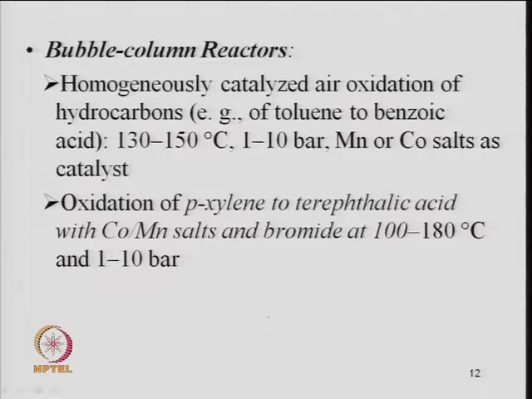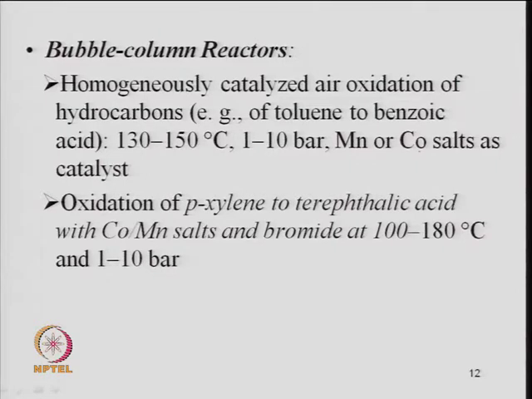Then we have bubble column reactors, right. So again, if you look at the example here, the homogeneously catalyzed air oxidation. This is a kind of example of a homogeneous catalyst in a bubble column reactor. So, homogeneously catalyzed air oxidation of hydrocarbons like toluene, benzene. Basically, this process is done for the reduction of pollutants.